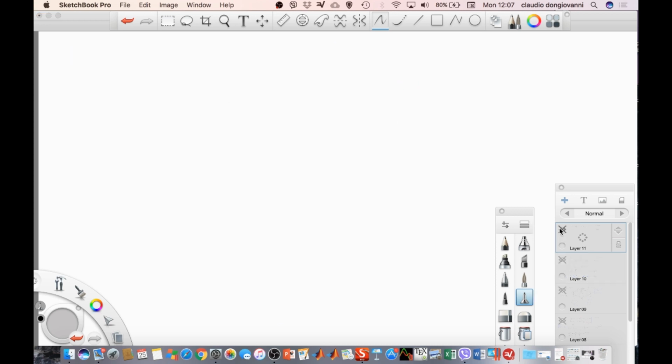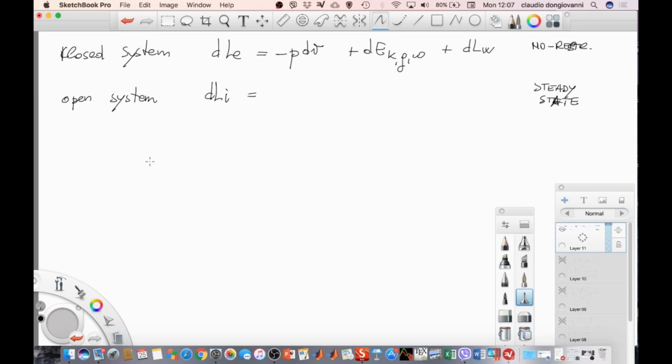So you can write that dLi minus dLe equal to dH minus dU.